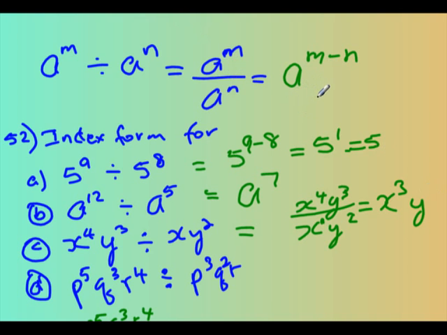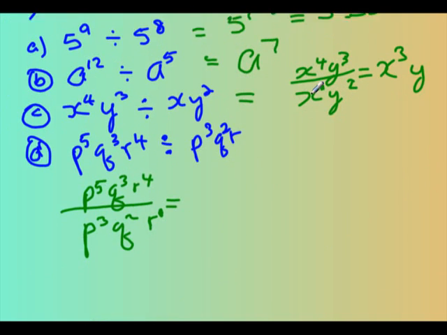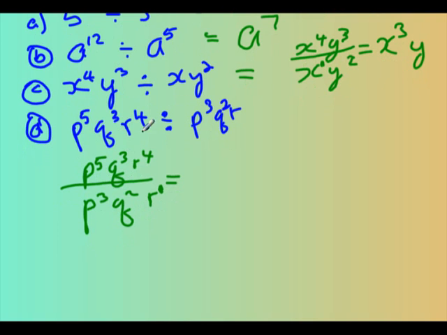Let's look at the next one then, the last one, D. Okay, so I've pre-written this. This is going to be the numerator divided by the denominator. Okay, so I write it vertically. So the same thing we're going to do, we're going to keep the base p, subtracting the powers, 5 minus 3.